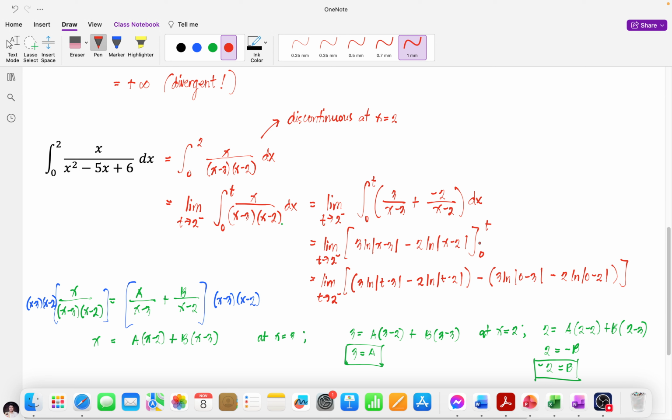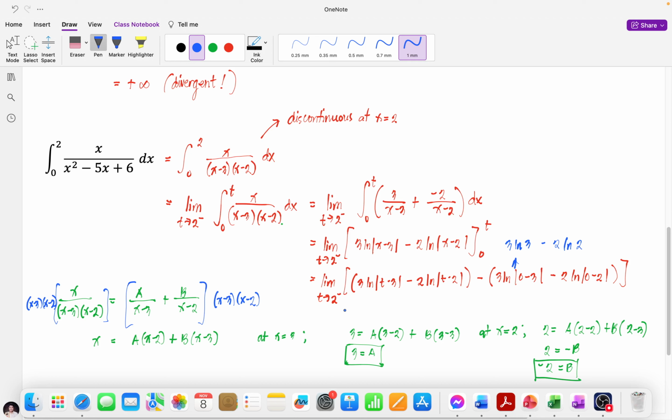Okay, so now here, this is just 3 ln 3, while this one is minus 2 ln 2, right? 0 minus 3 is negative 3, absolute value, that is 3. 0 minus 2 is negative 2, absolute value, you have 2. Okay, so we have this for this term here. So this is the only one we will evaluate.